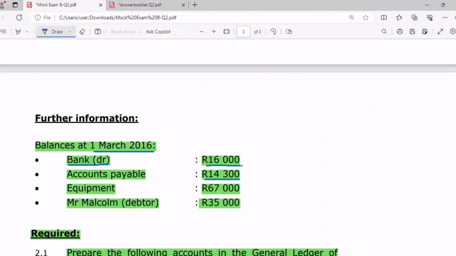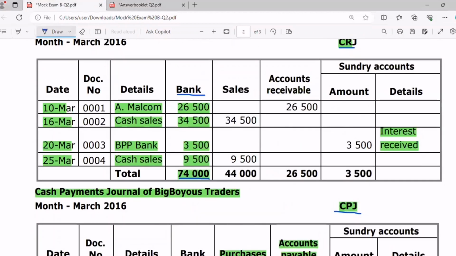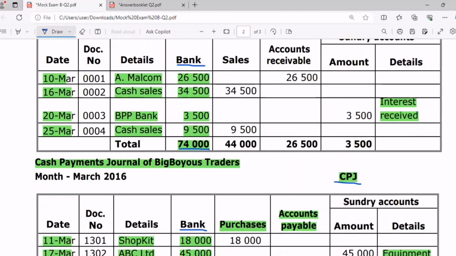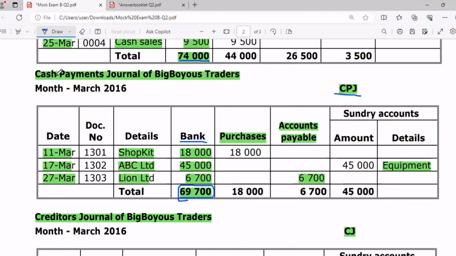And then now we're going to check on our journals if we do have any column that affects account payables. So you can see here in the CPJ, we have accounts payable column of how much? 6,700. So this 6,700 is recorded in the CPJ, meaning this is the payment that was made to reduce the balance that we were owing.